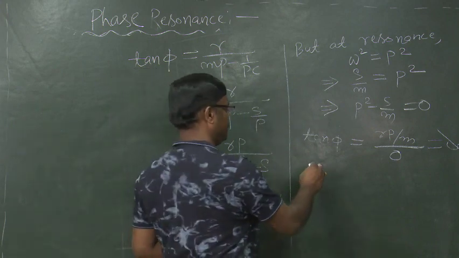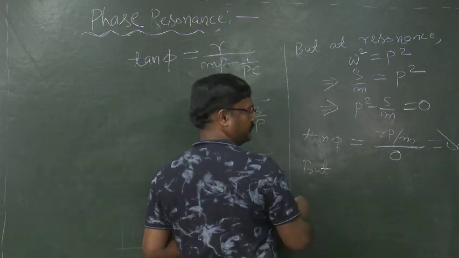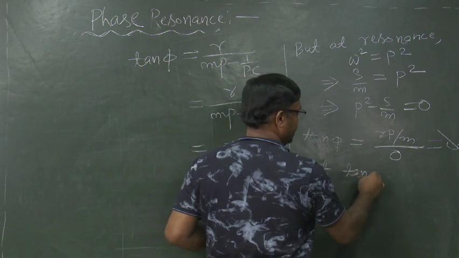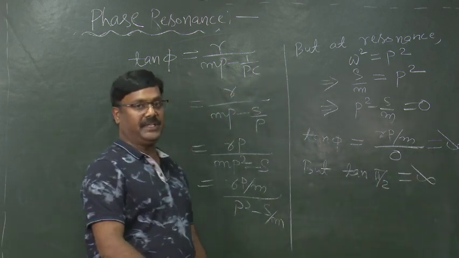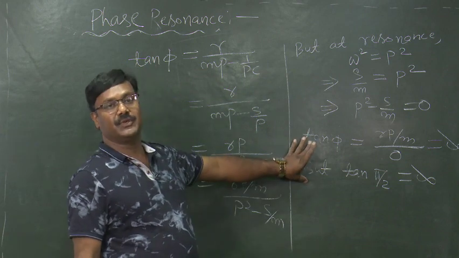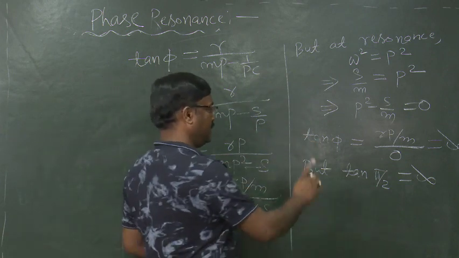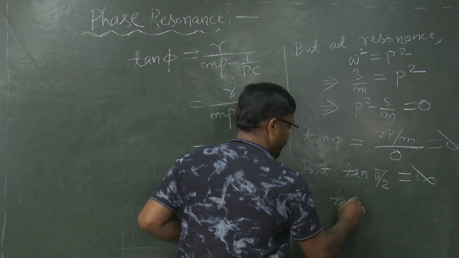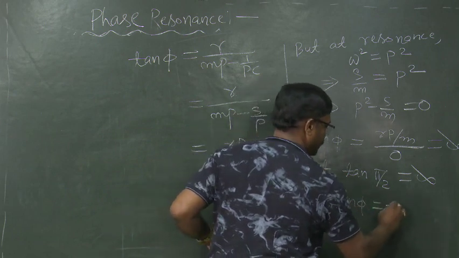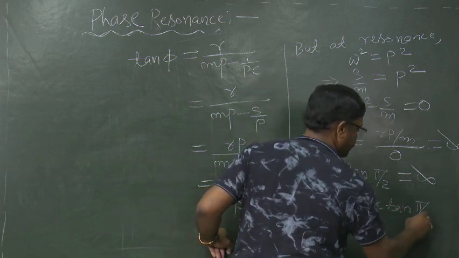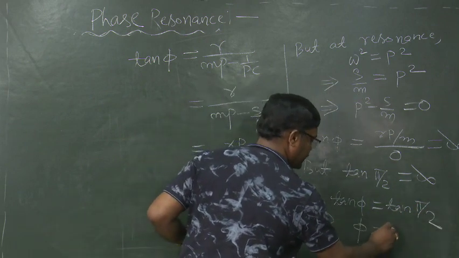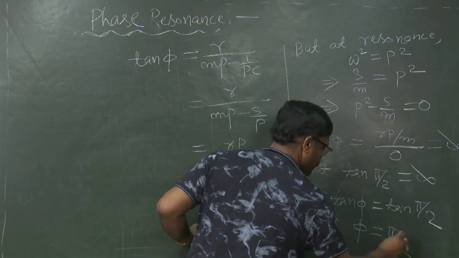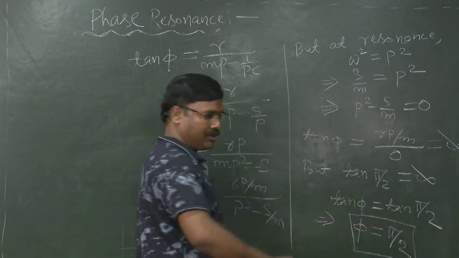But tan pi by 2 is nothing but infinity. So, comparing these two, we can write tan phi is equal to tan pi by 2, implies as phi is equal to pi by 2.